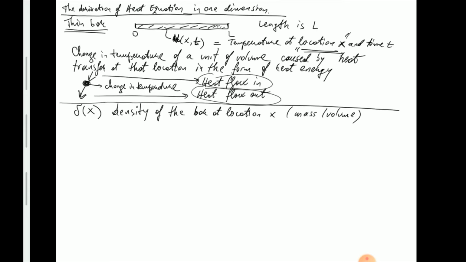There's another physical quantity which depends on the nature of the material. It's denoted by sigma of x, the so-called specific heat.